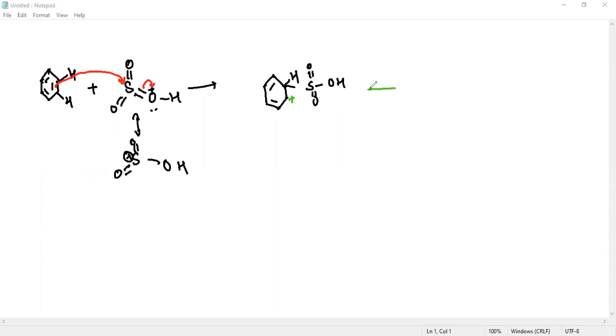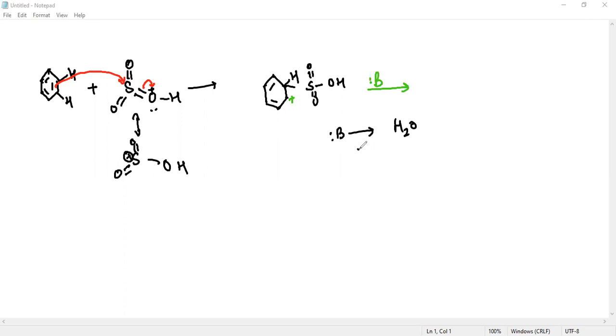We will react it with the base here. This is a general base. So in this case, which base do you have? Water was produced, you know that. So I'm talking about the bases here. Water was produced when you reacted two sulfuric acids, and this can act as a base.